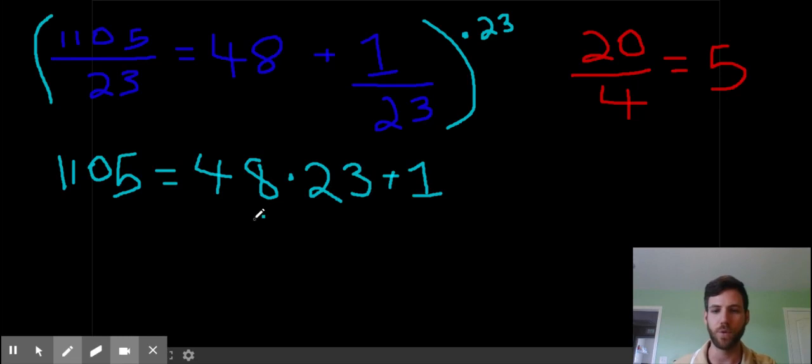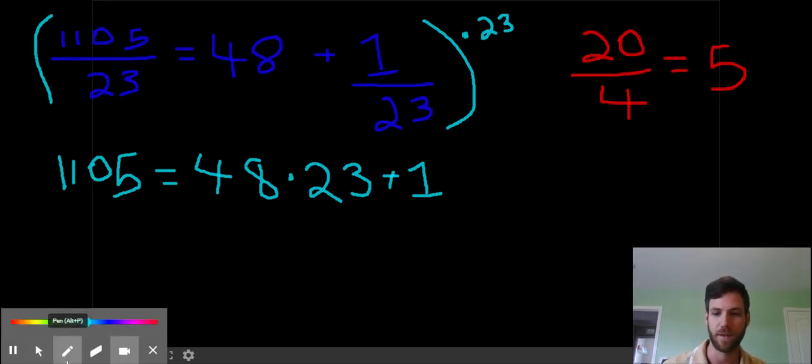And if you multiply this out on your calculator, you would see that 48 times 23 equals 1104. If you add one more to that, you would find that it is equal to 1105.